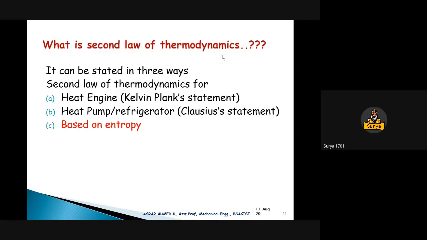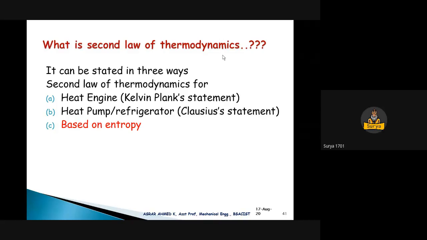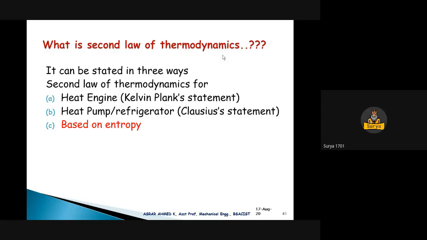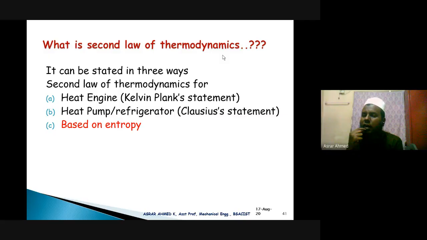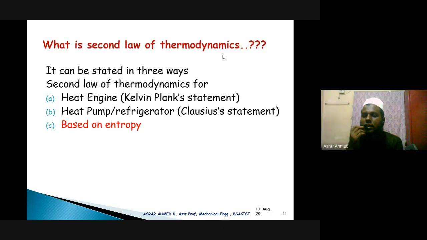Yes sir. Do you remember something related to entropy? I don't expect the exact definition. It is a heat thermodynamics, sir. That's what you remember, huh?